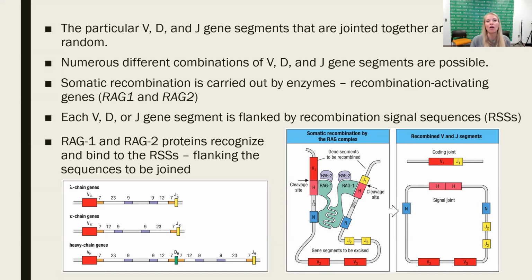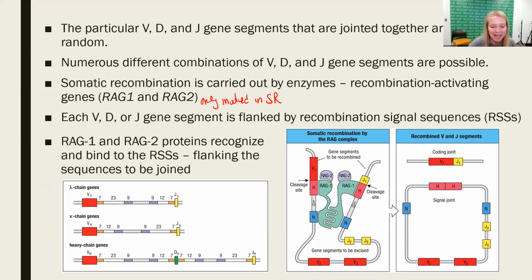The enzymes that are responsible for somatic recombination are called recombination activating genes, or the enzymes, but they're coded for on the recombination gene, which is the RAG genes. So we call them RAG 1, RAG 2. They're only involved in somatic recombination.